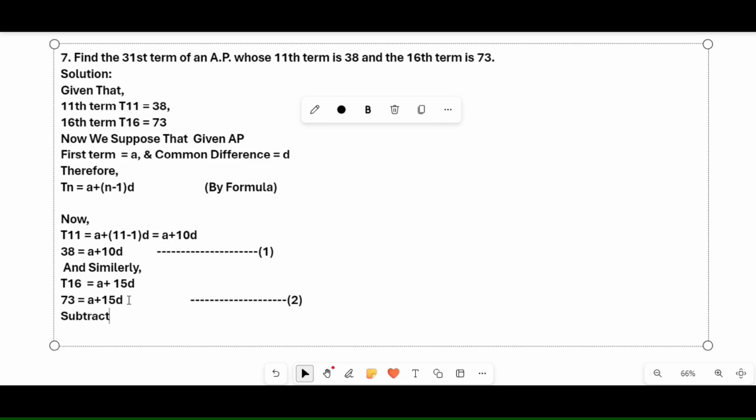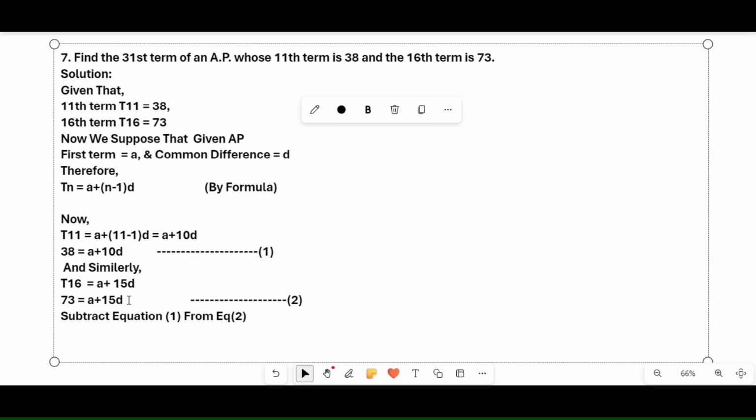Subtract equation 1 from equation 2, because this is a two variable equation, which you have already studied in the first part. We solve by the subtraction method.